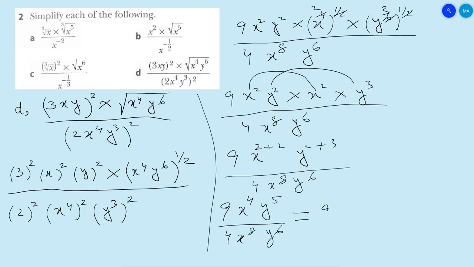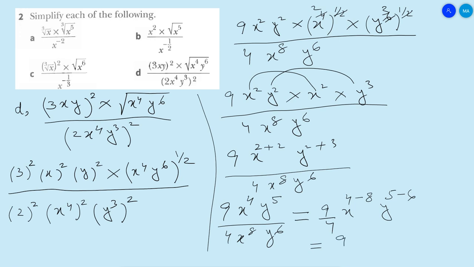9 upon 4. You can write in this form 9 upon 4 x^4. This 8 is shifted above, it will be minus 8, because if we shift the number from bottom to top, we should change the sign, plus to minus and minus to plus. y^5 and y^6 should be y^-6.